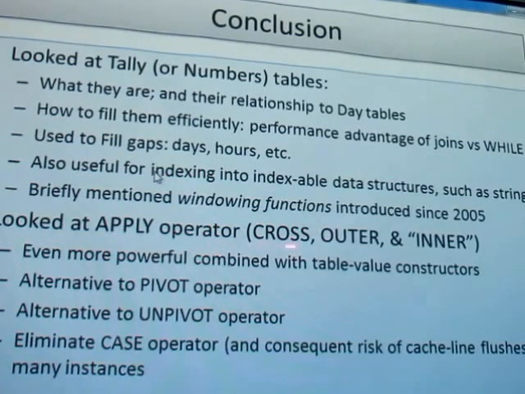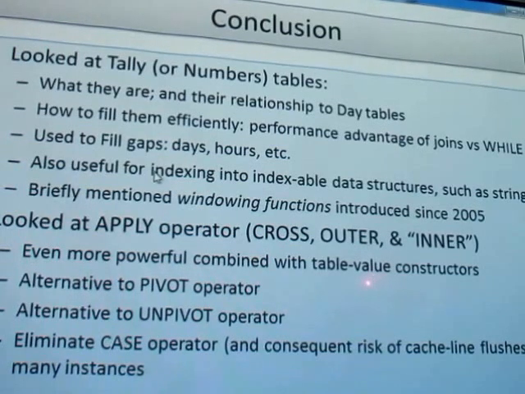Then we looked at the apply operator, cross and outer, and how you can generate an inner apply from the cross by simply adding a join criteria into the where clause. Showed a couple of examples of how to use them with table value constructors. Showed how they can be used as an alternative to pivot and unpivot. I never use these. I find them more typing and harder to read.